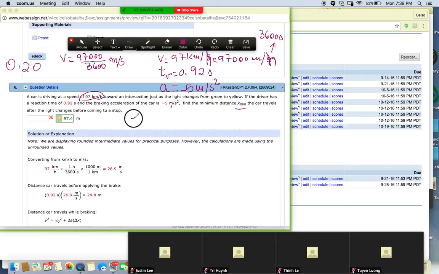So let's do a little sketch of what's going on. Here's the point where the car stops. Now, this is the part where the car travels with a constant velocity, 97 kilometers per hour.